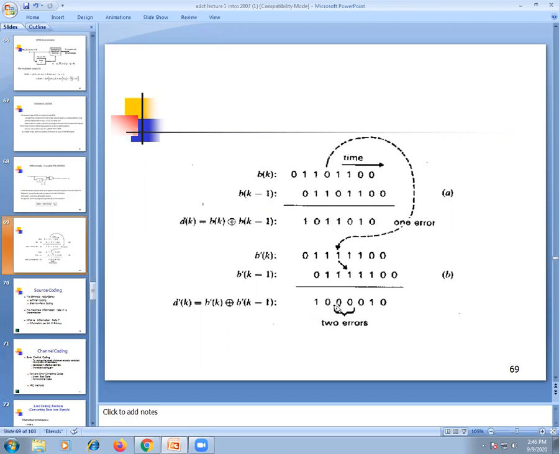Another output is 1 0 0 0 0 1 0. So what are the errors? These two bits 1 1 are replaced with 0 0. Two errors are there. So this is an example of two bits being affected by noise.